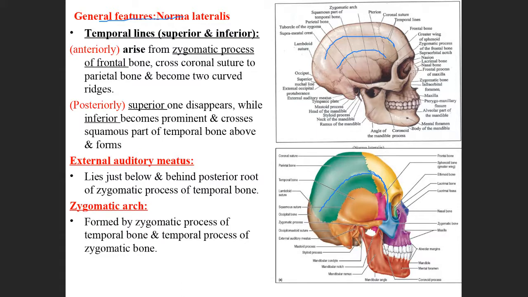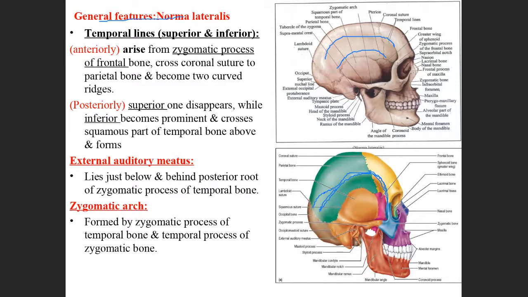It crosses the coronal suture to the parietal bone and becomes two curved ridges. So while it is coming here, it crosses this coronal suture and parietal bone and then becomes two separate ridges.